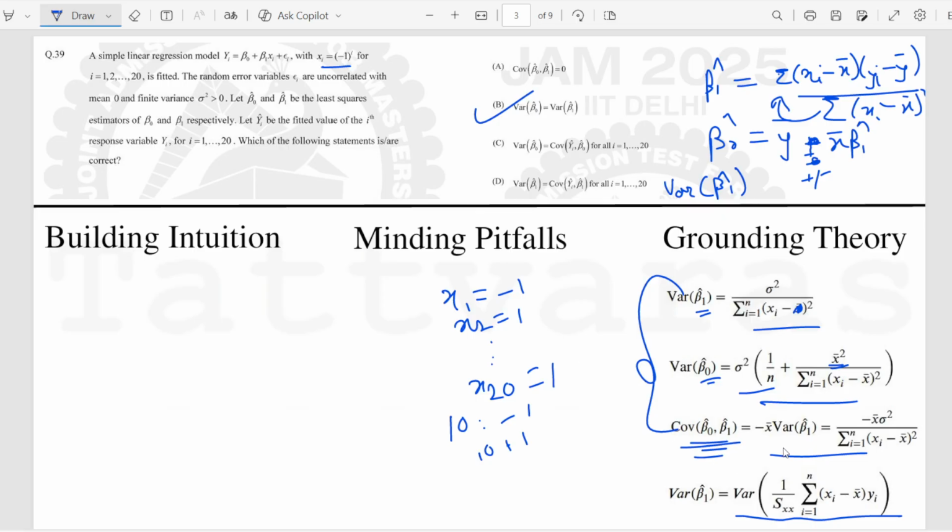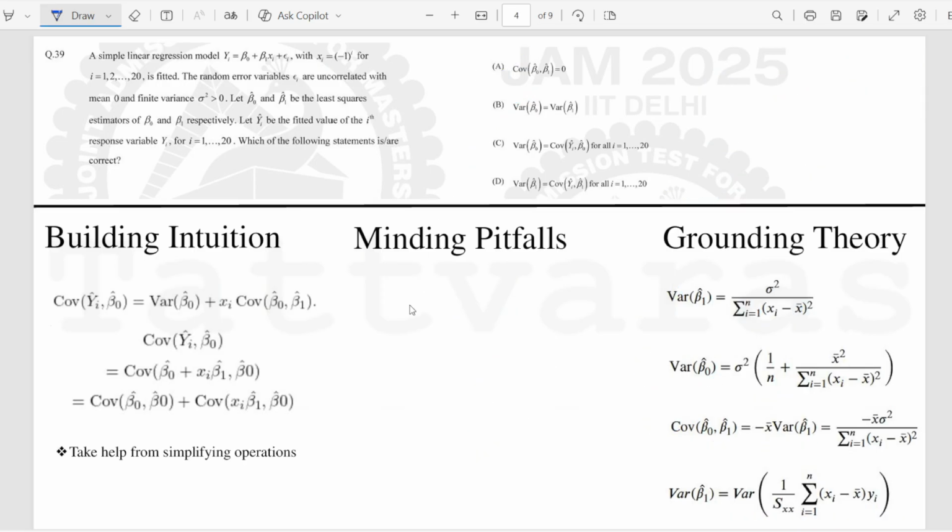Covariance of beta naught hat and beta 1 hat is this thing, x bar is 0, so this becomes 0. This is correct. As for these two, they may look above average complicated, but we can see that this thing will turn out to be this.